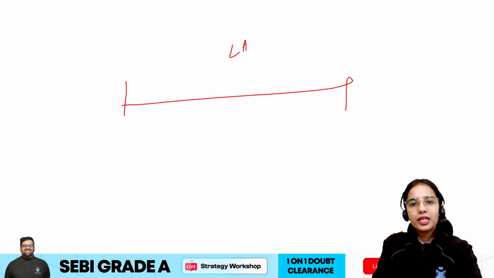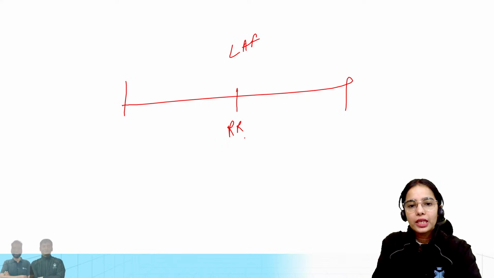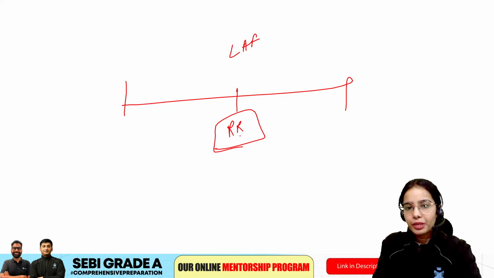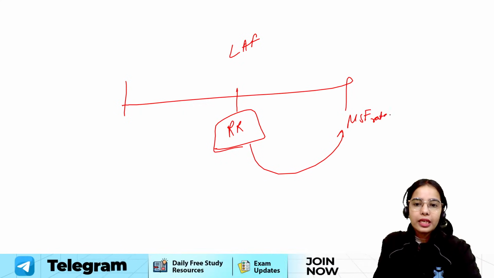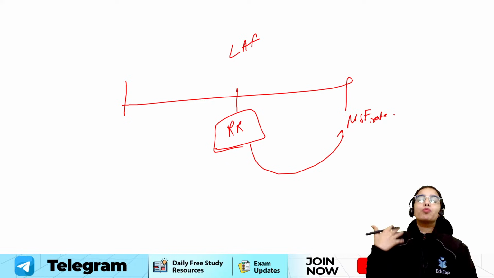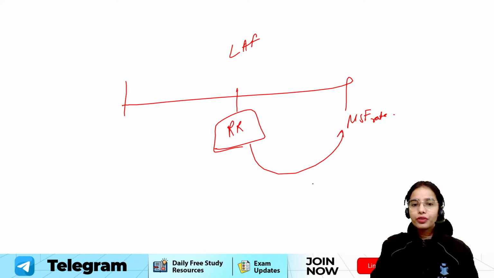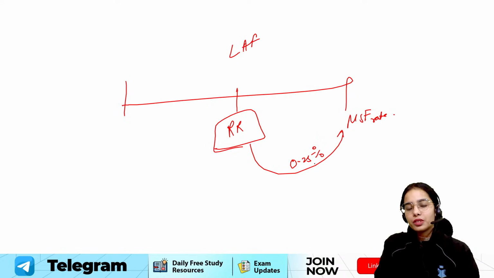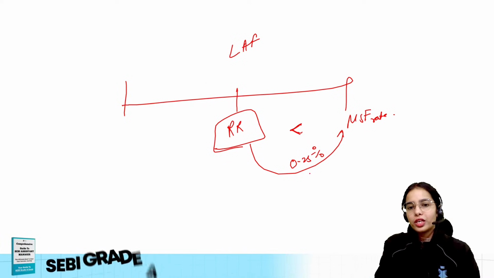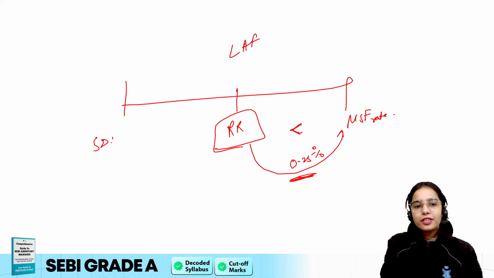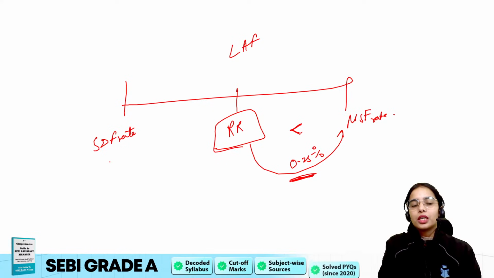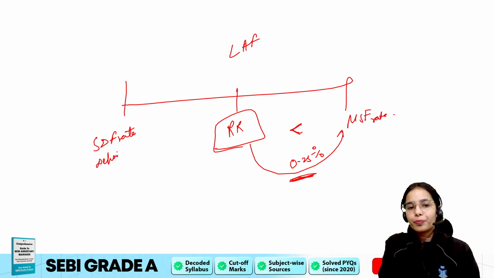As well as that, the RBI can increase the SLR or CRR to control inflation. Now there is the liquidity adjustment facility, in which the repo rate, the lending rate of the RBI, is in the middle. The MSF rate, the Marginal Standing Facility rate, is the rate at which the RBI can lend more to the banks at a penal rate of interest. The MSF rate is higher than the repo rate by 0.25%. The SDF rate is the rate at which the banks can deposit their money with the RBI.